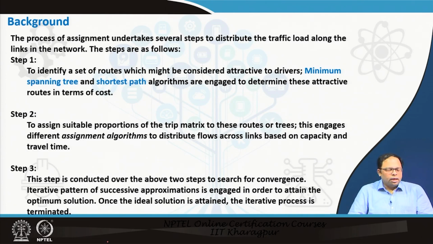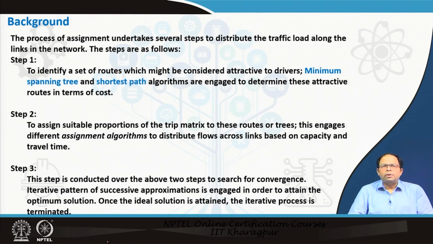And finally, once these two steps are undertaken, that is, we have first determined the optional routes and then assigned the interzonal volumes to these routes, the third step is to iterate this pattern of assignment.